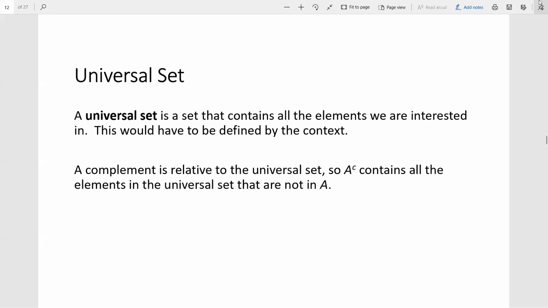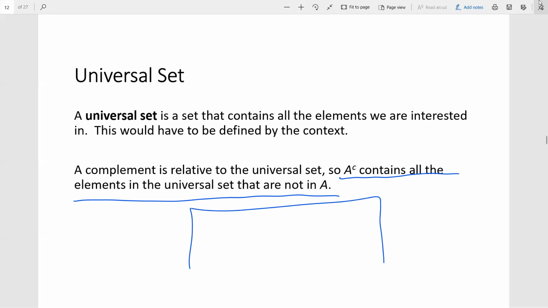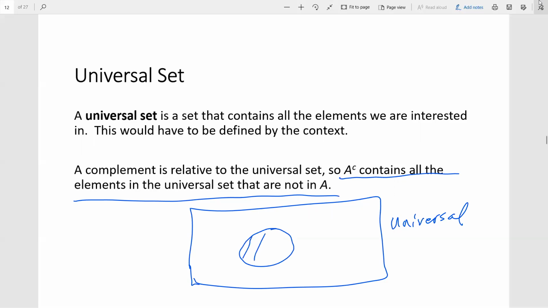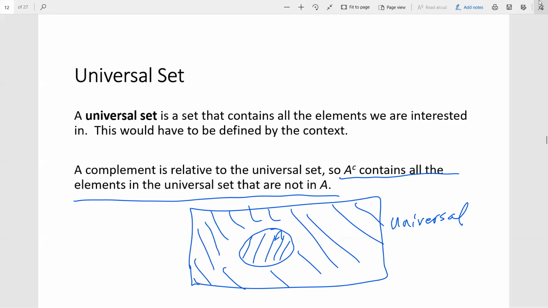A complement is relative to the universal set, so A complement contains all the elements in the universal set that are not in A. For instance, suppose the universal set was this rectangle, and you represented A by the circle, then A complement would be everything else in the universal set that's not in A. So here is A complement.